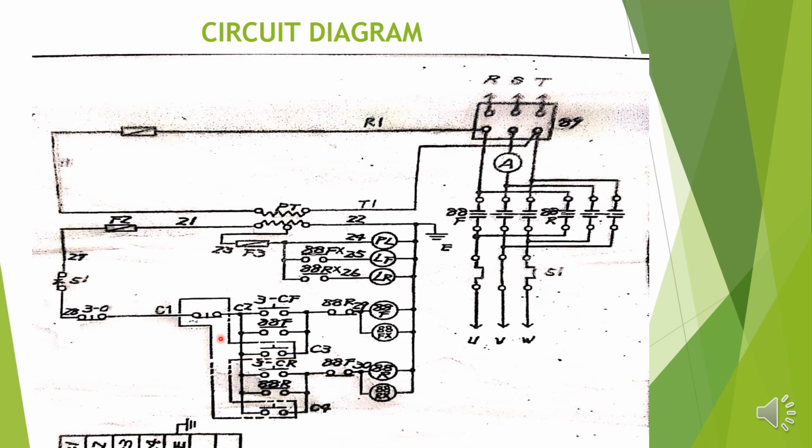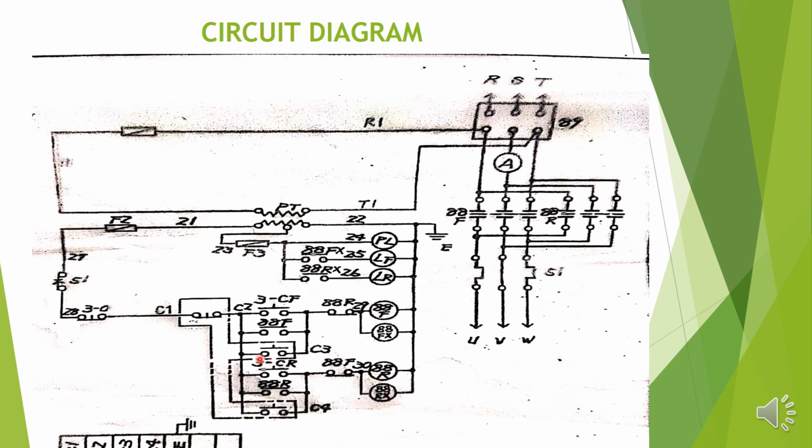This is the remote stop button, and this is the remote start button, this C3, which is the remote start push button for forward, and C4, you see this box, this is the remote box. So C4 is the remote start push button for the reverse contactor.